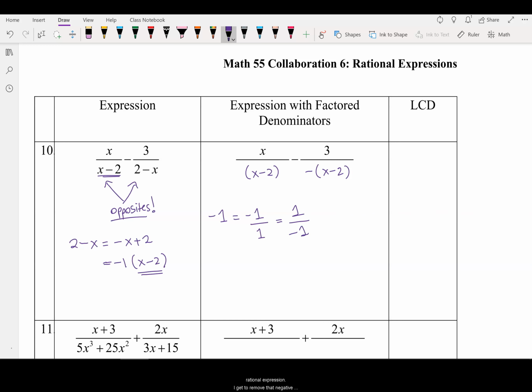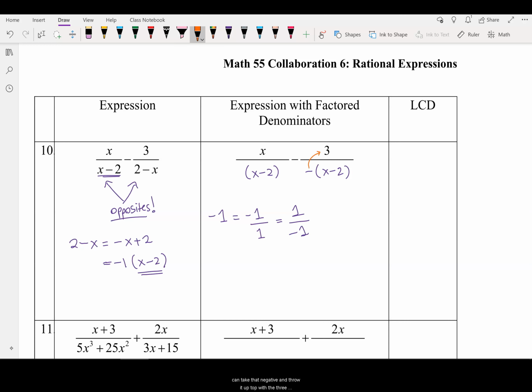So even though the negative sign is occurring on the denominator of the second rational expression, I get to move that negative sign to the top if I want to, instead of having it to the bottom.